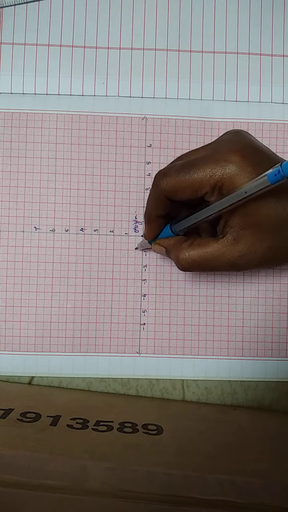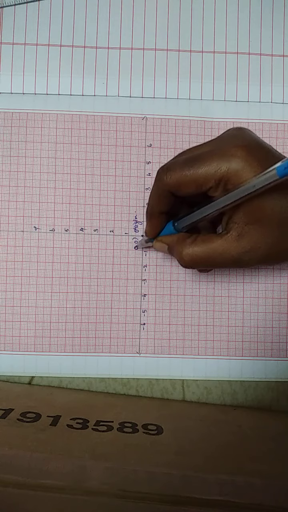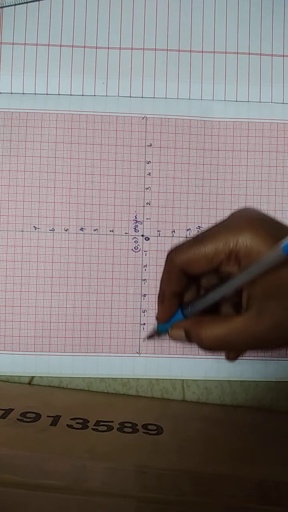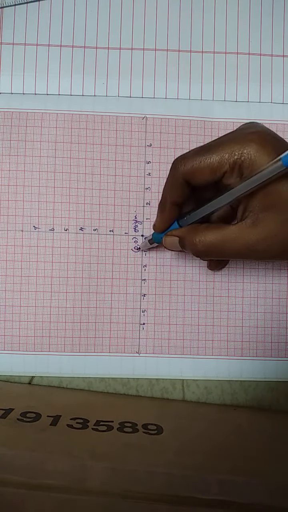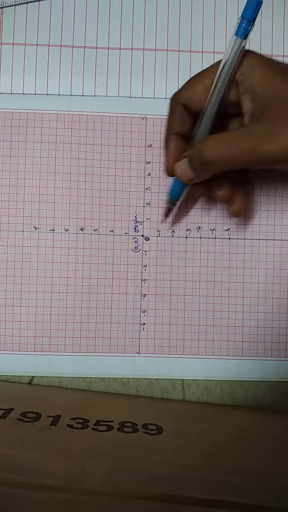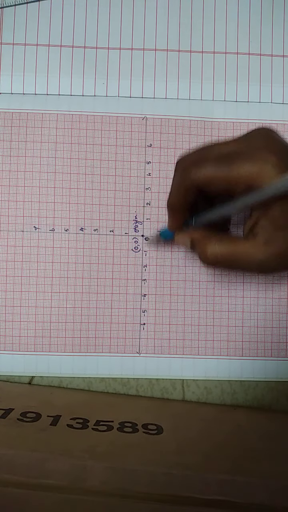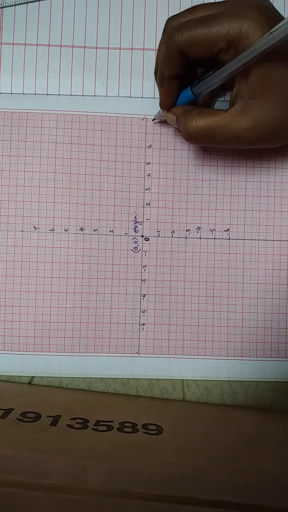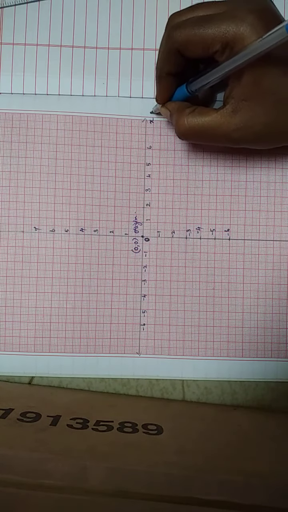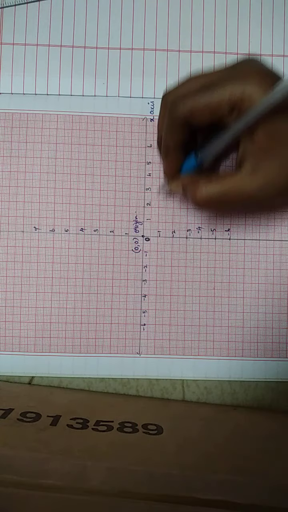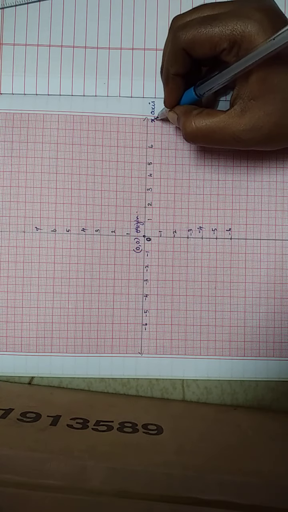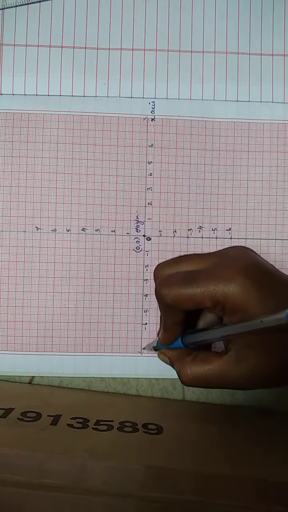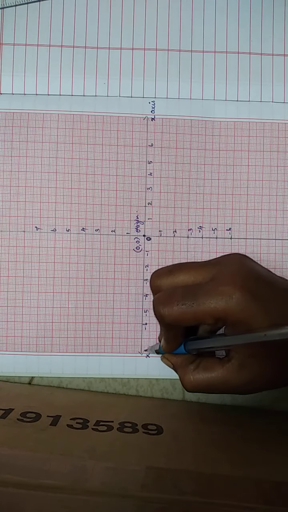That is 0, 0. Why it is 0, 0 means this line 0 and the vertical line 0 both intersect at this point. The name of this horizontal line is x-axis line. Positive side is x and the negative side is x dash.